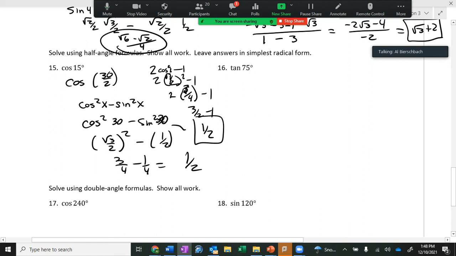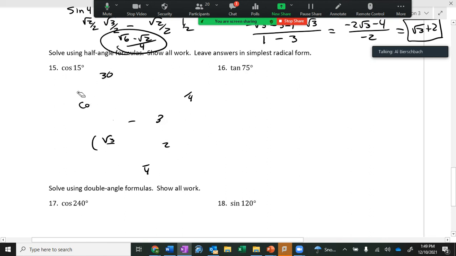Yeah, I guess I did it two different ways and got 1/2 both times. So cosine of 15, 1/2. I still don't think that's right. I don't know what I did wrong. Oh, I know what I did wrong. That's totally wrong. I'm using double angle formulas.